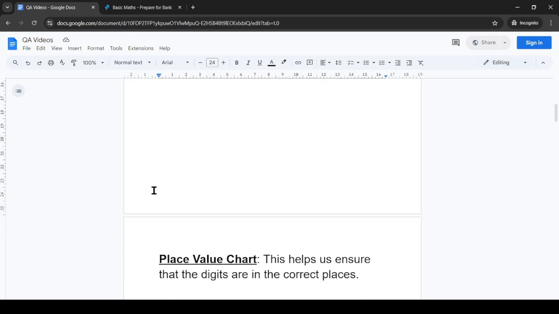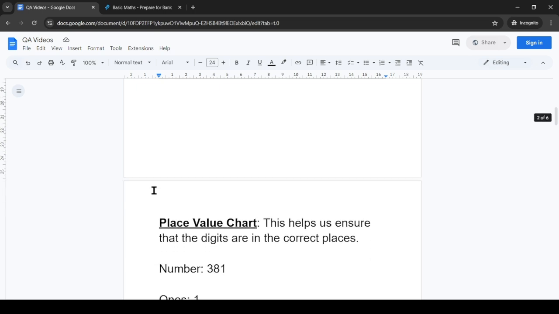Now let's look into the place value chart, because this is a crucial part which helps us ensure that the addition of two numbers takes place properly. The place value chart helps us ensure that digits are in the correct place. Now how are we going to read a number? Let's say this is the number we have been given, 381.